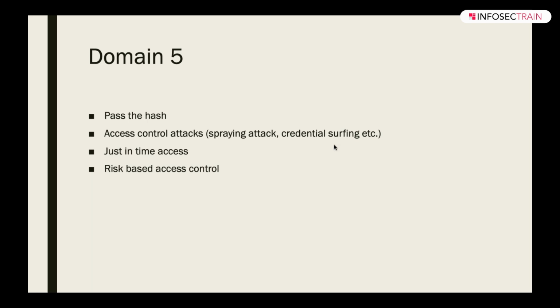Then from the access control models, we had role-based access control, attribute-based access control, mandatory access control, and so on. But there was a new inclusion which is called risk-based access control. In risk-based access control, your organization looks at various factors of risk before and after provisioning any kind of access to a user's assets. It's a wonderful concept.